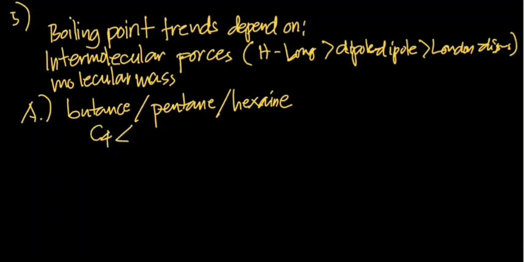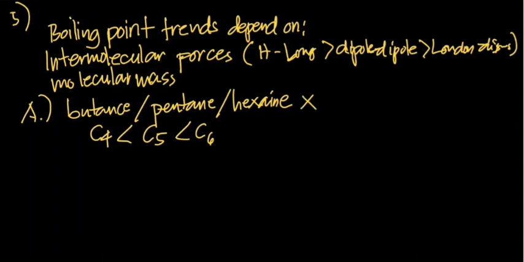So this is C4, C5, C6. But from the option here, they wrote butane is greater than pentane and hexane, and the question is arranged in order of decreasing. So option A is not the correct answer.